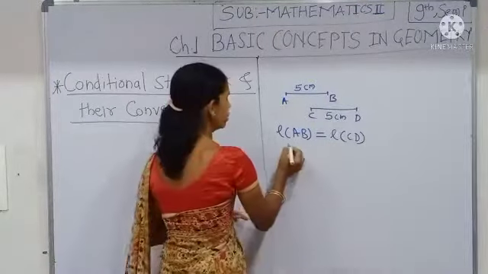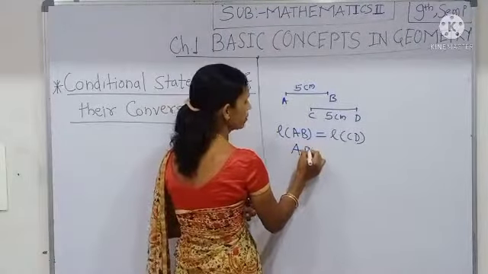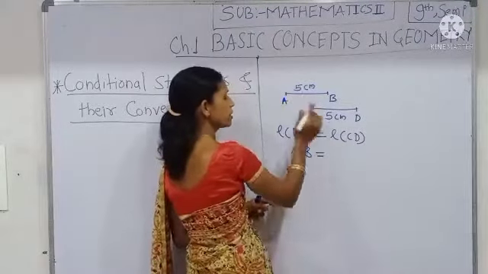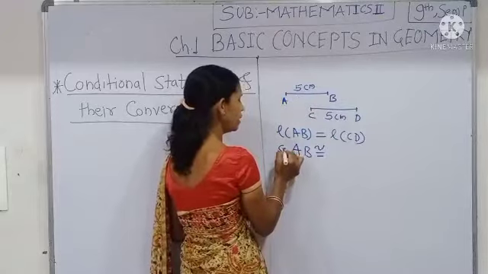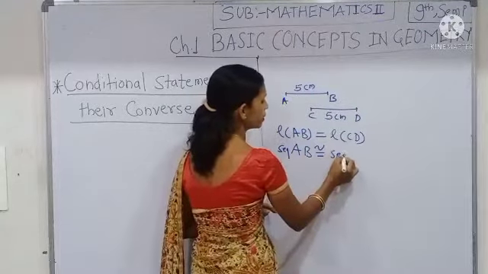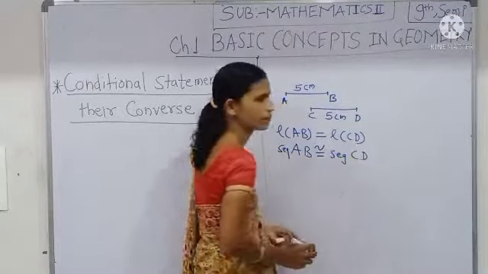Then those segments are congruent, that means segment AB is congruent to segment CD.